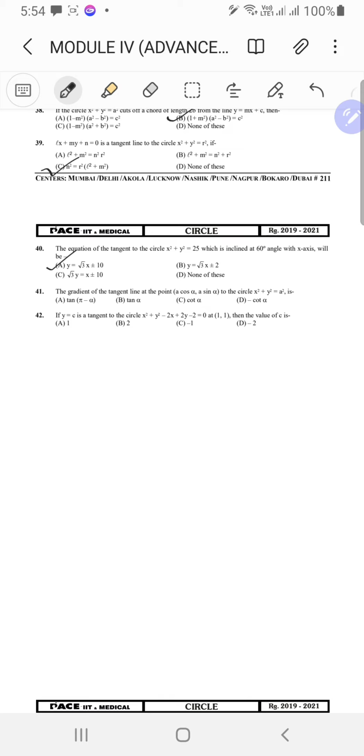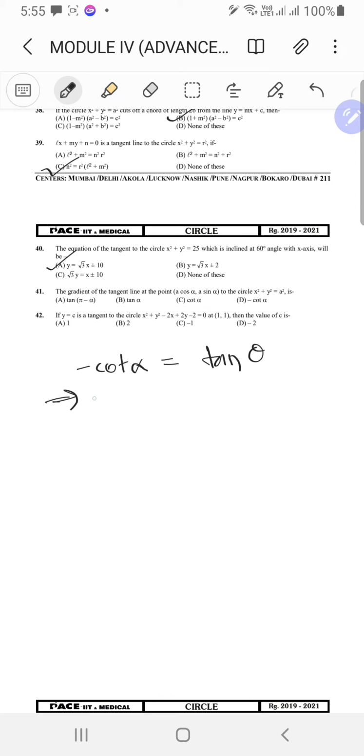And that slope of the tangent is obviously negative cosine upon sine, so it's negative cot alpha. So negative cot alpha is equal to tan of theta, right? So what is the value of theta over here?